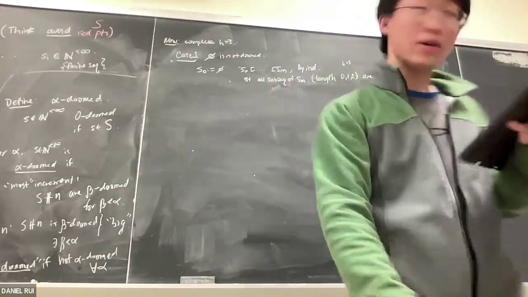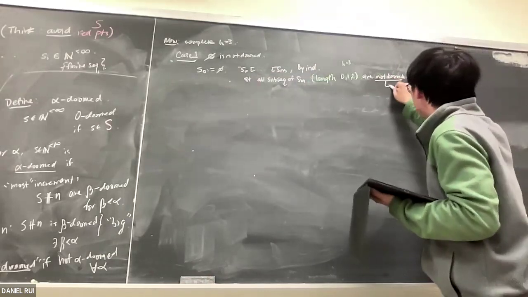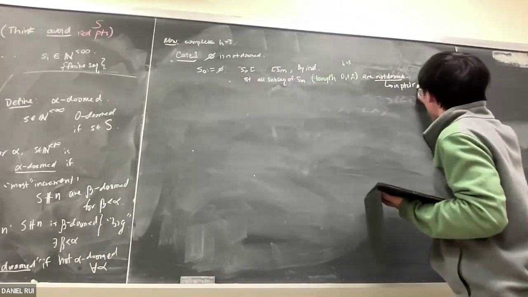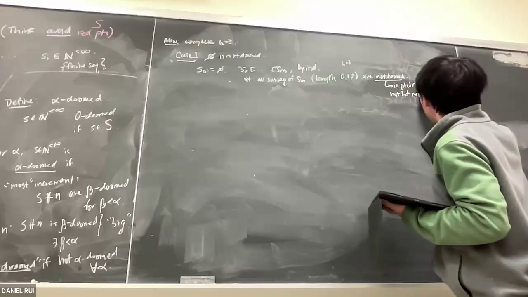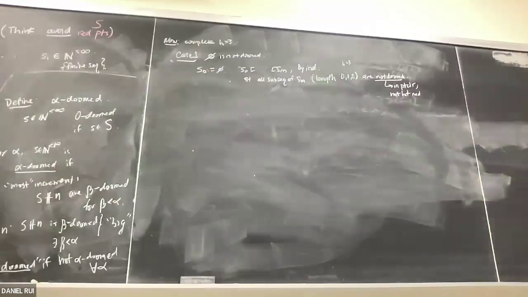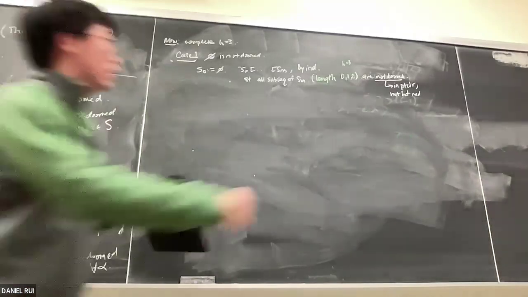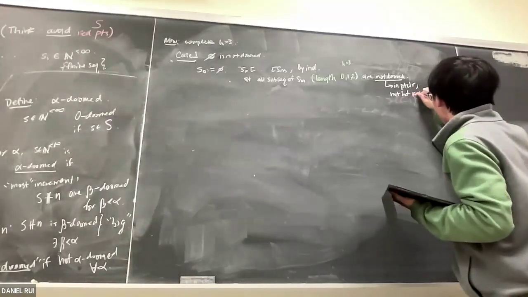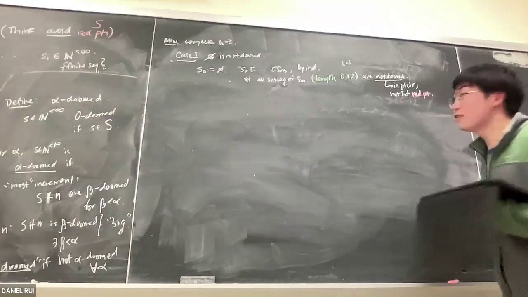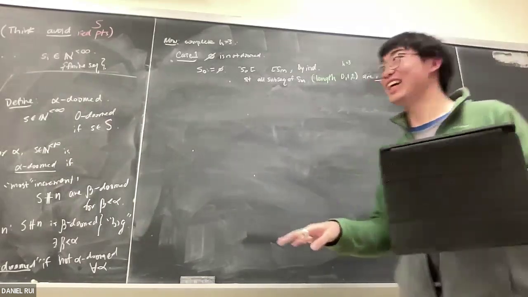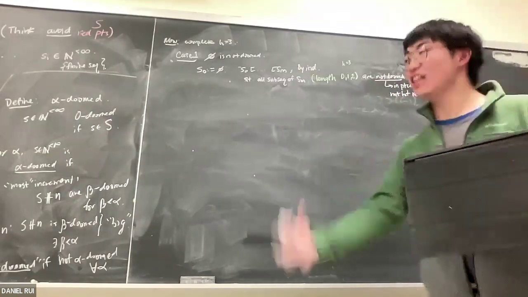Okay, why do I care? Not doomed means in particular, not hitting a red point. So in fact, not even close to hitting a red point. But what I really care about is hitting the red point.